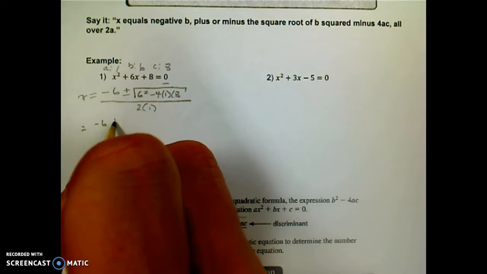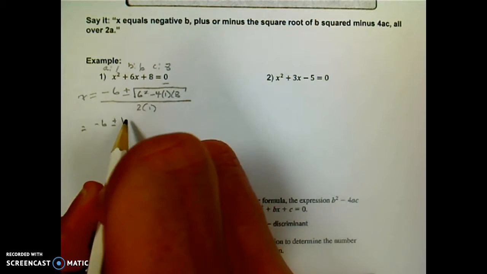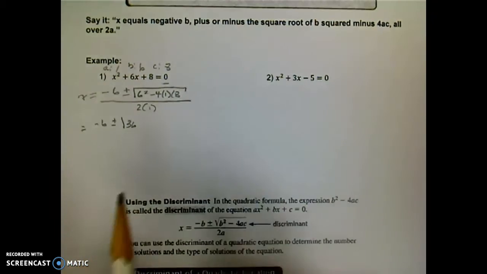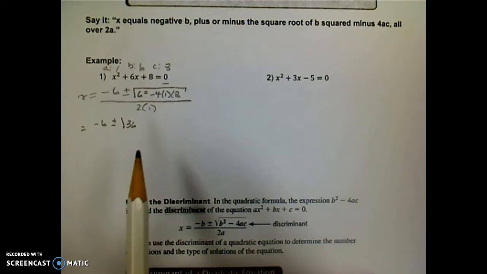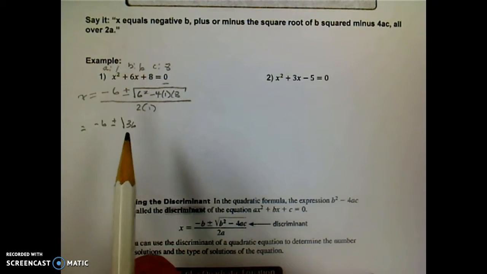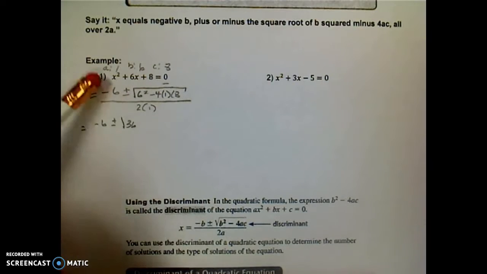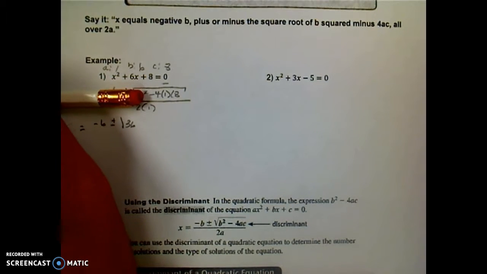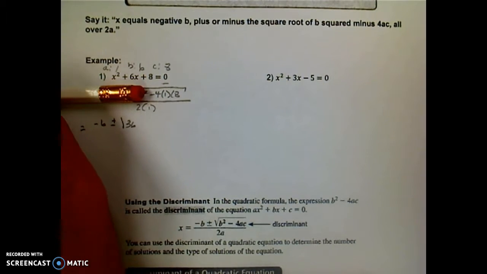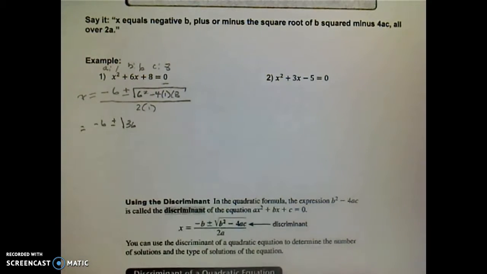So negative 6 plus or minus the square root of 6 squared is 36. Now, here's a big stumbling block for a lot of my students, and a method they've used to smooth that out. Rather than writing the minus sign right away, they're going to take this value, the 4ac, and treat it as if that's negative 4 times a times c. And then write the answer with its sign, whether positive or negative. They'll always get the correct sign here.